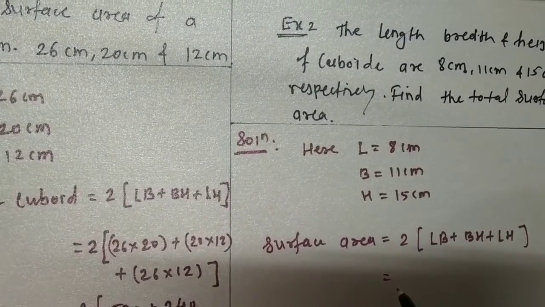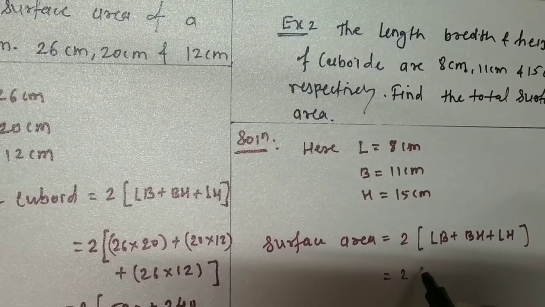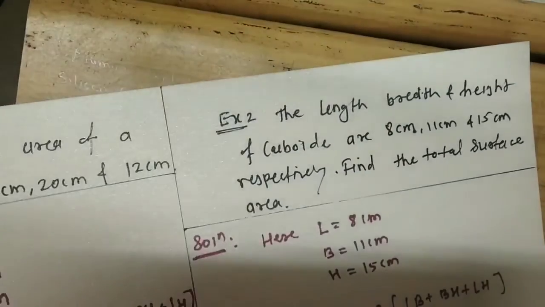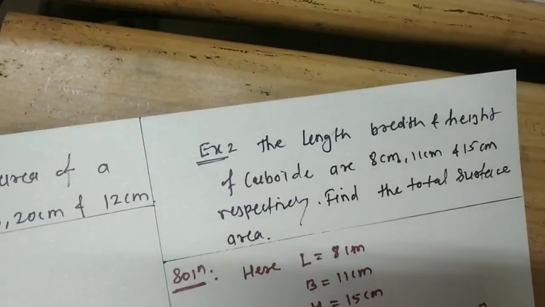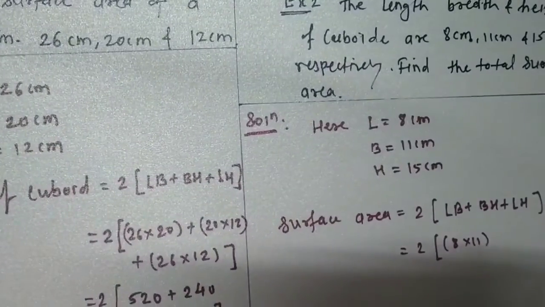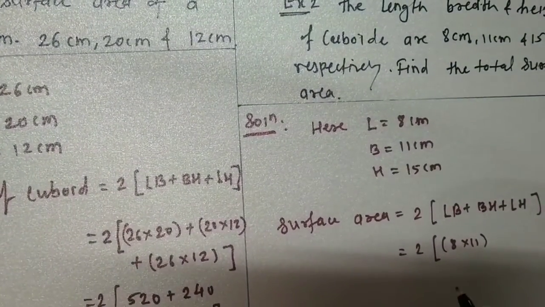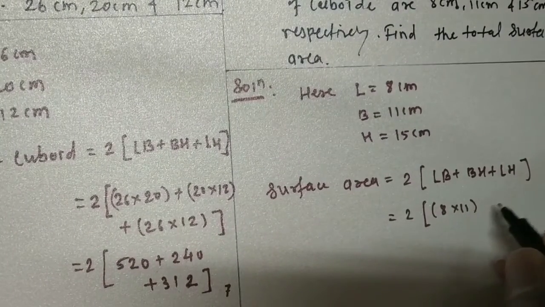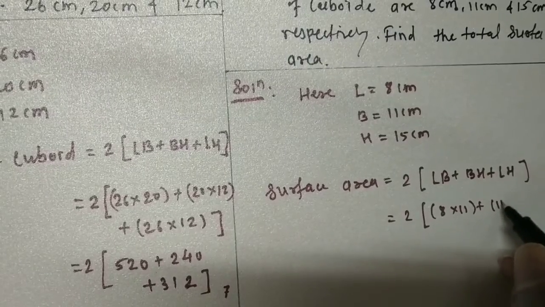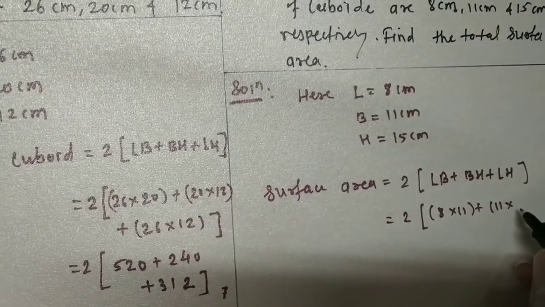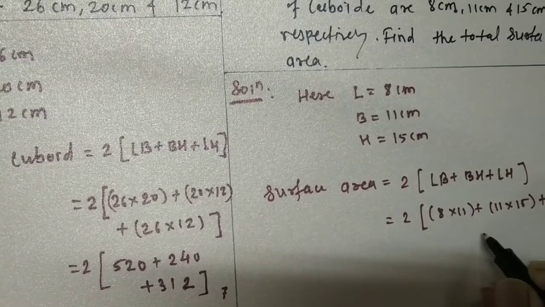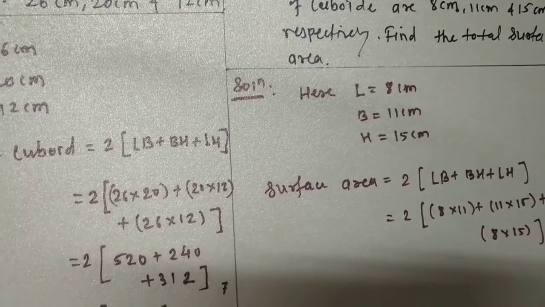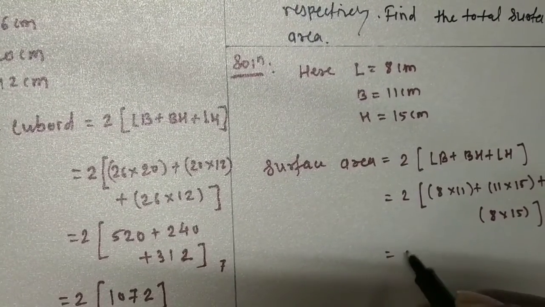So this is equal to 2 into, L is 8 into B is 11, plus B is 11 and H is 15, plus L is 8 and H is 15. Now we will solve this first.